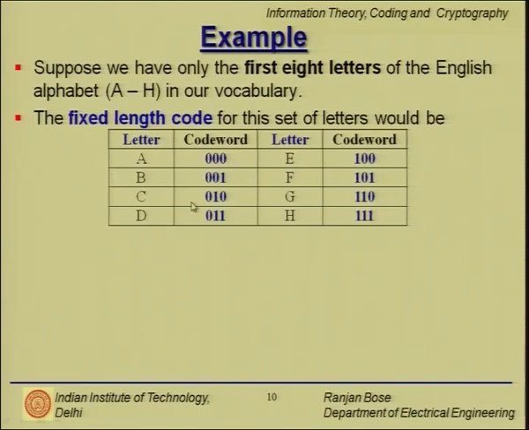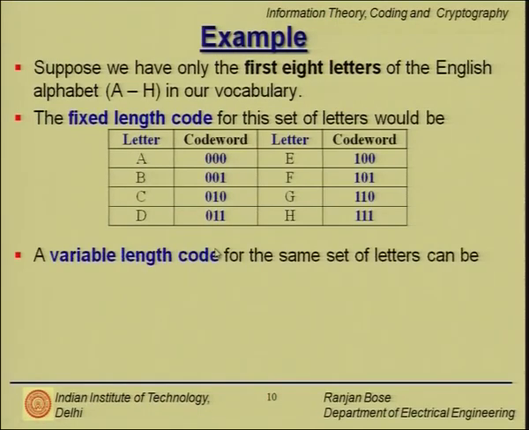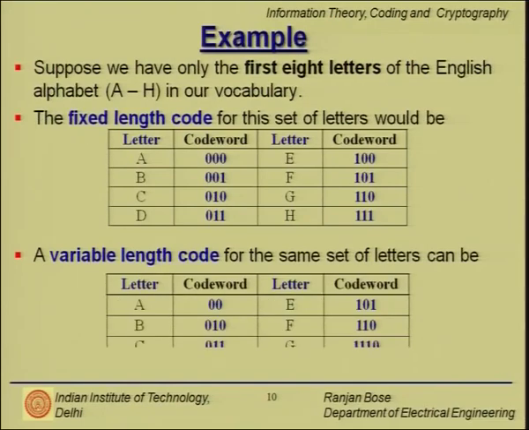So, in this table we have the fixed length code, but nobody stops us from making a variable length code. And how do we do that? Well, a particular example is as follows.